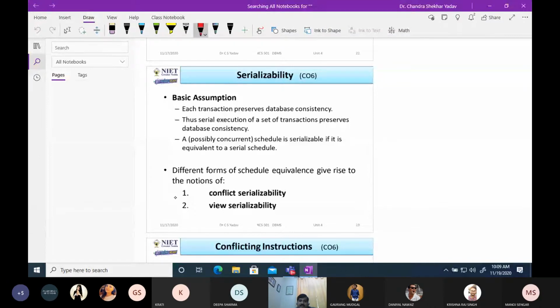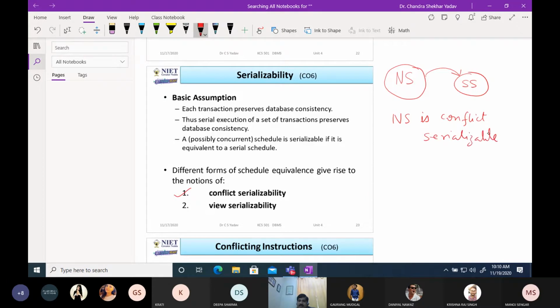Then what is the meaning of conflict serializability? If we have a non-serial schedule, and after swapping the non-conflicting instructions we get a serial schedule, and that serial schedule gives the same result as the result produced by the non-serial schedule, then we say that this non-serial schedule is conflict serializable, and this non-serial schedule always keeps the database in a consistent state.